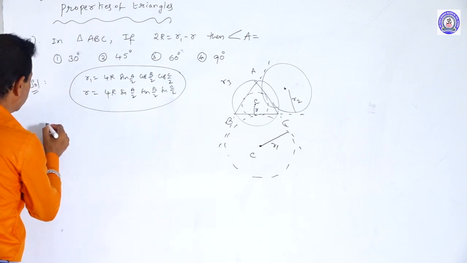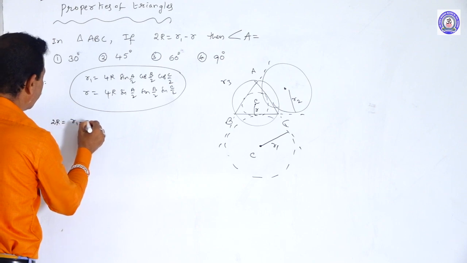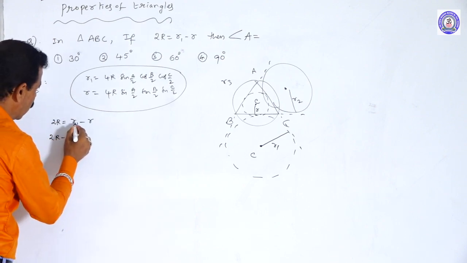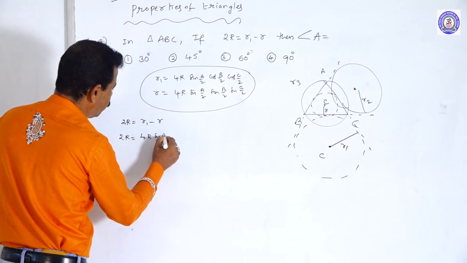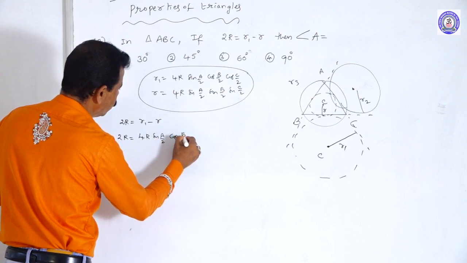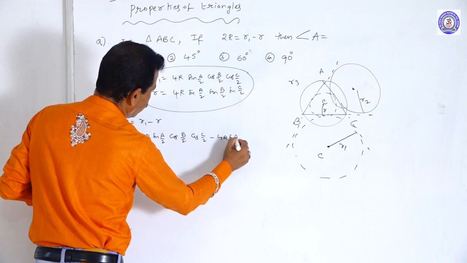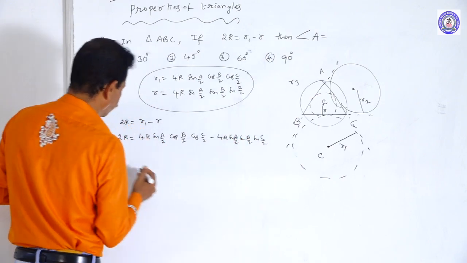So given the statement 2R is equal to R1 minus R. So 2R is equal to R1, which is 4R sin A by 2 cos B by 2 cos C by 2, minus 4R sin A by 2 sin B by 2 sin C by 2.